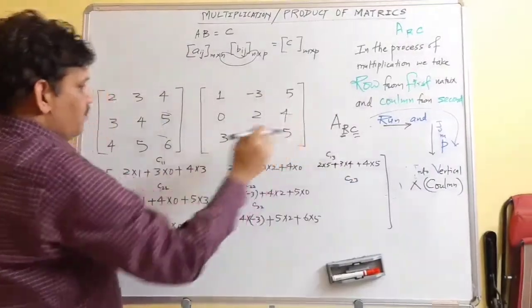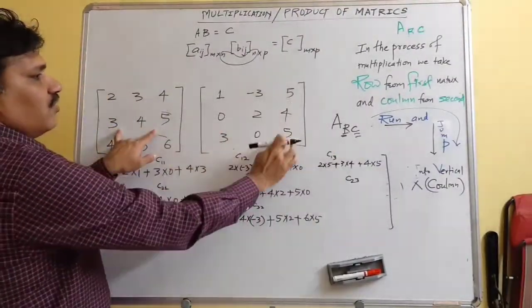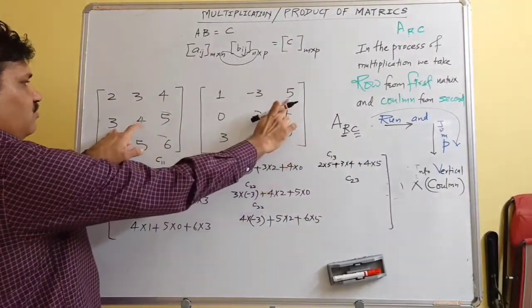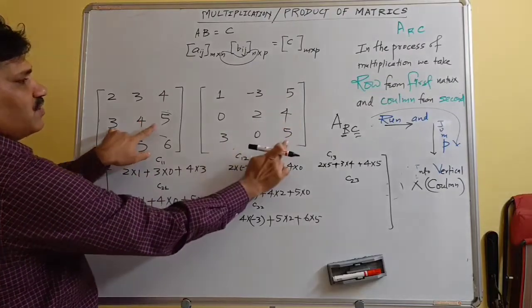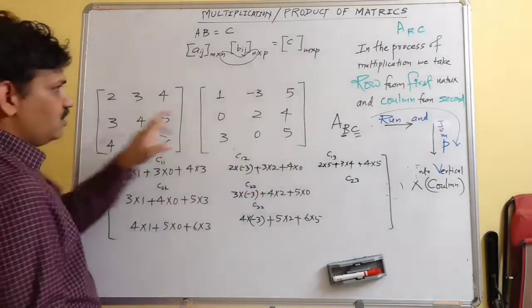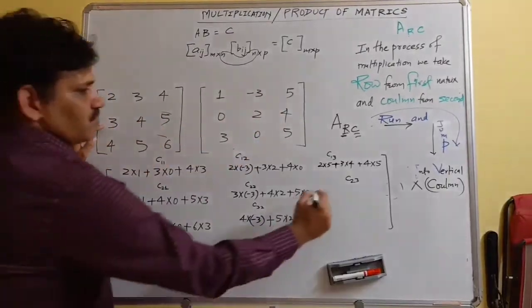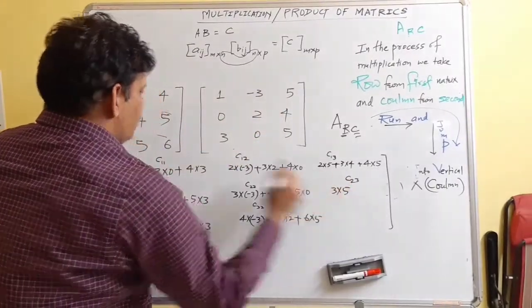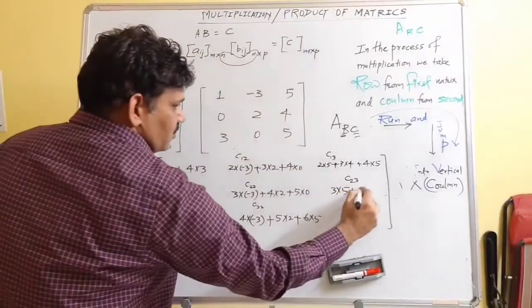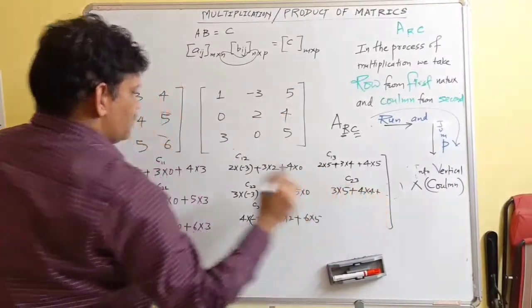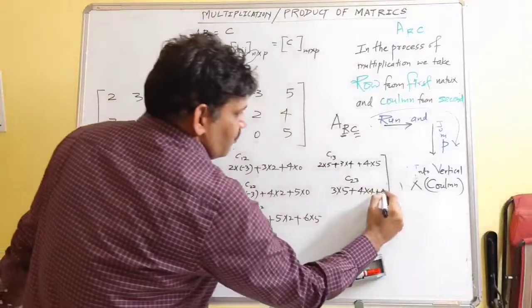Let's multiply these. 3 into 5 plus 4 into 4 plus 5 into 5.